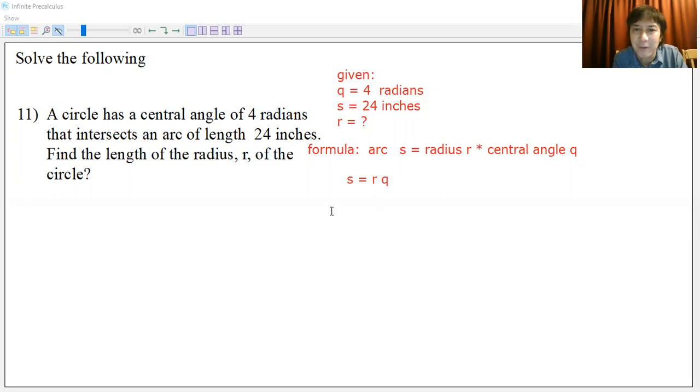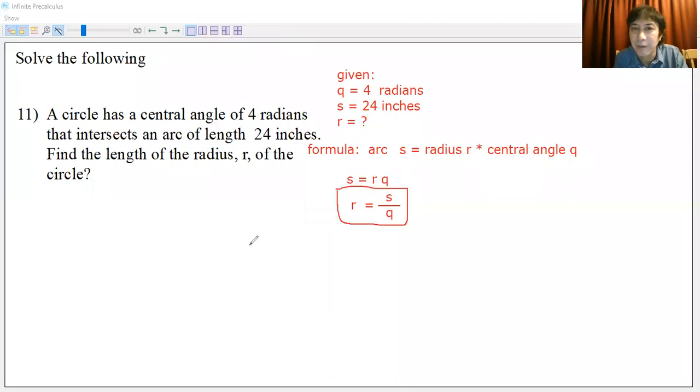So we're solving for R here. After doing literal equations, R is equal to S over q. This is the formula for R in terms of arc and the central angle.